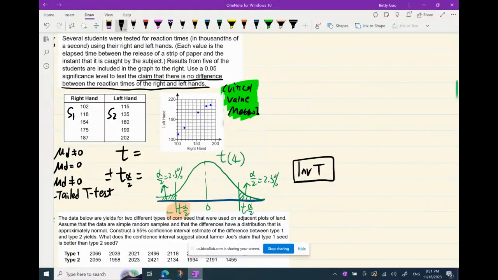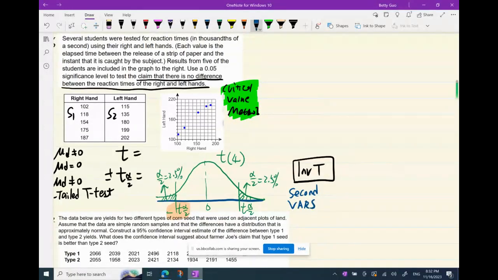Let's go to calculator. Second mode to go back to the main screen, and then we go to second vars.